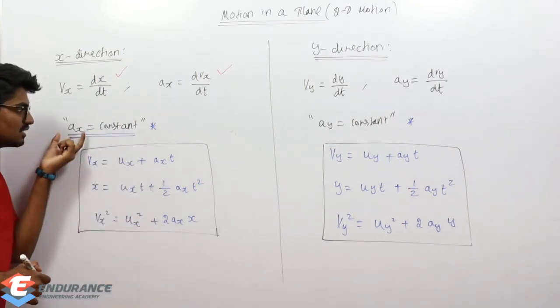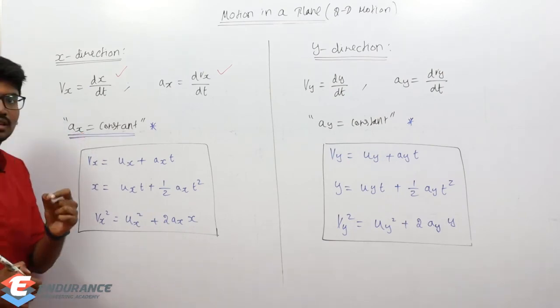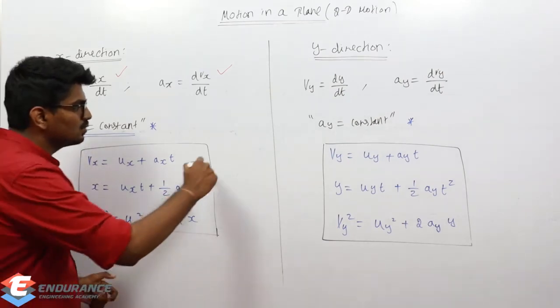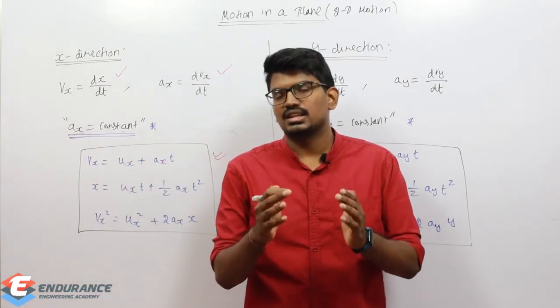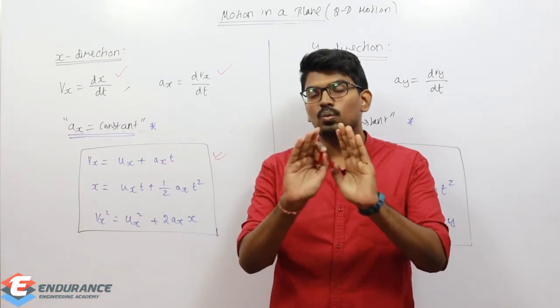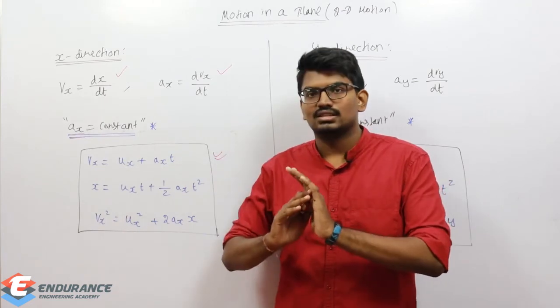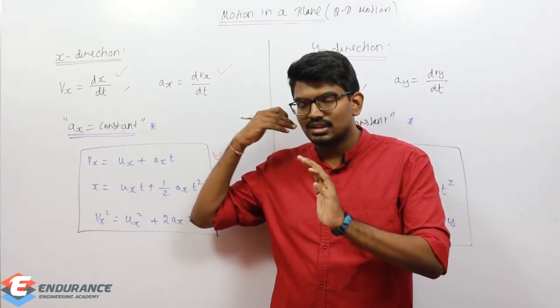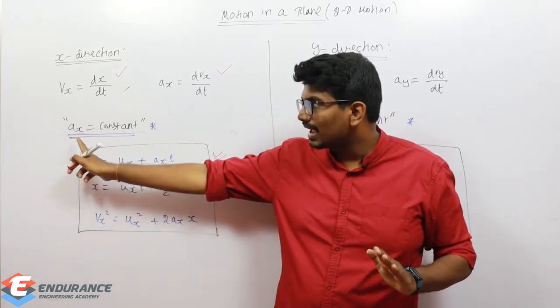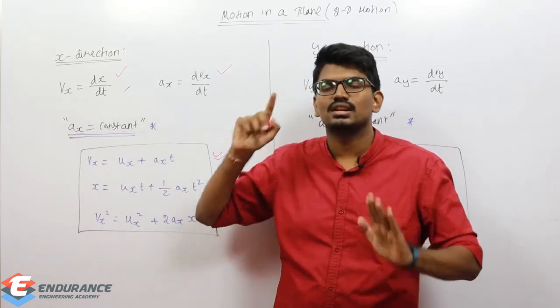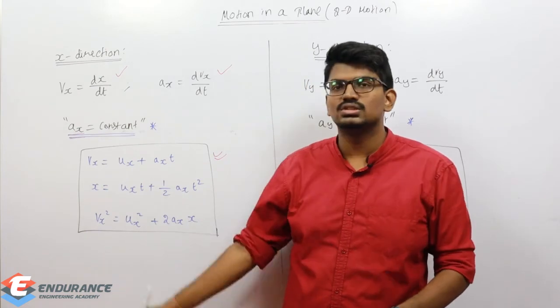So if acceleration is constant along the x direction, then I can use the three equations which we got for the constant acceleration condition. Even if the y direction acceleration varies, if the x direction acceleration is constant, then we can use these three formulas.